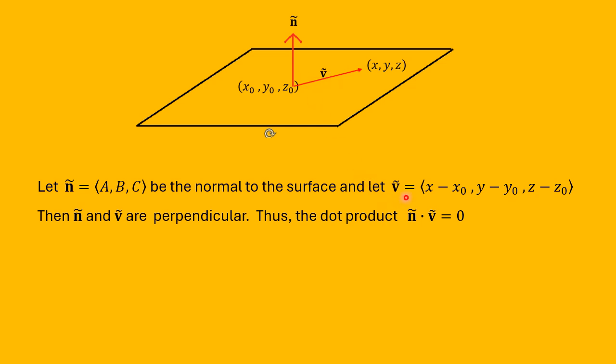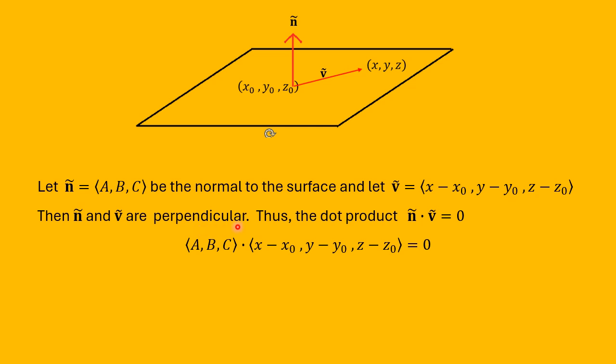And that tells us that the dot product of those 2 perpendicular vectors has to be 0. So what does that mean? It means the vector n, which has components a, b, c, times the vector v, which is this stuff, equals 0. Now let's remember how we take the dot product of 2 vectors.